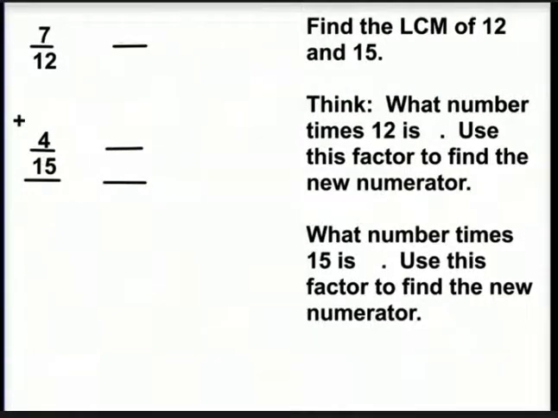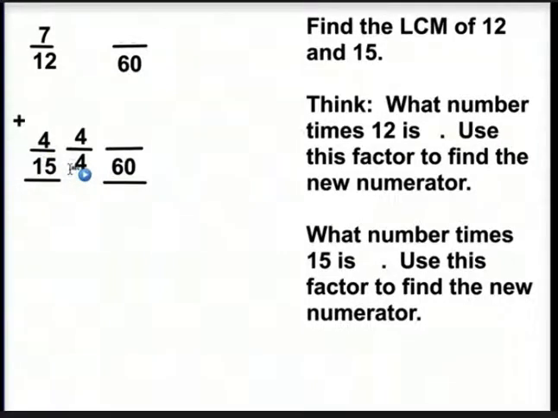So now, let's take a look at 7/12 and 4/15. Again, pause the video here while you determine the common denominator for 12 and 15. Okay, so 60. Good job. Now, think 15 times what number is 60?